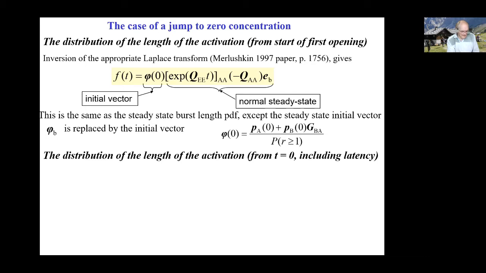So this is the length of the activation, the burst of openings that occurs after a pulse of agonist, measured from the start of the first opening. What happens if, rather than measuring it from the start of the first opening, we get the distribution of the length of the activation measured starting from time equals 0? So it includes the first latency as well as the length of the subsequent burst of openings.